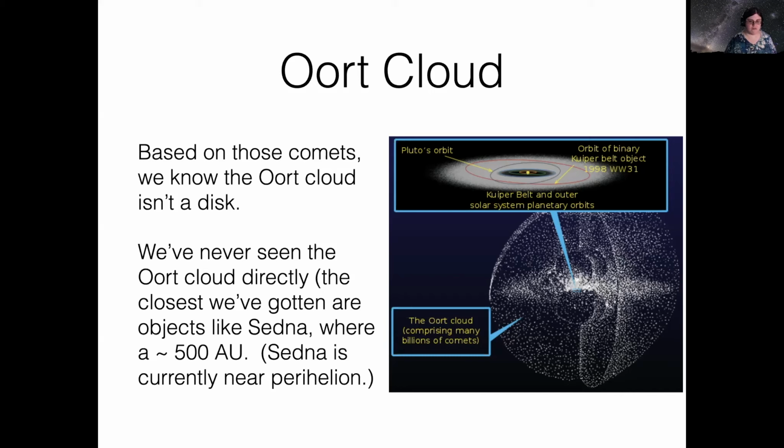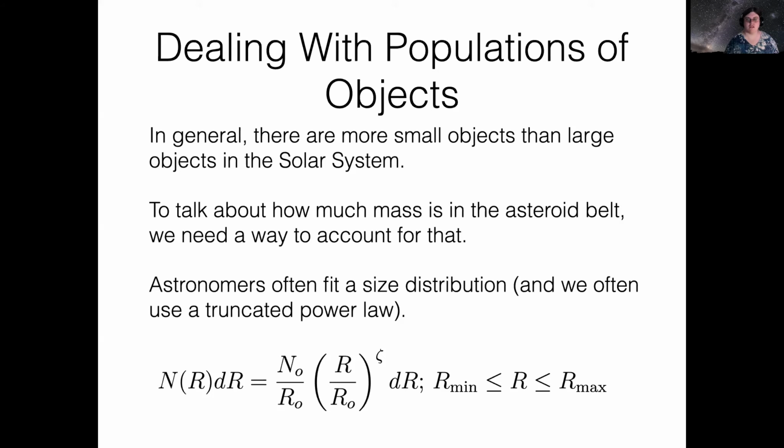And we've done this with the bigger objects, with dwarf planets and some asteroids. But we also want to get an idea of statistics. We also want to get used to the idea of studying this as a population rather than just as a collection of individual objects. So one way we can do this is talk about a size distribution.